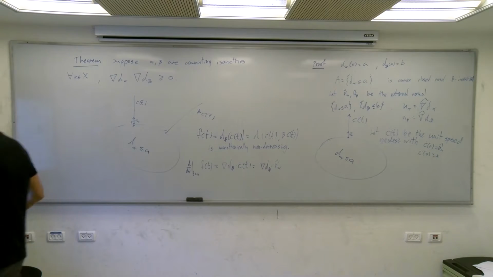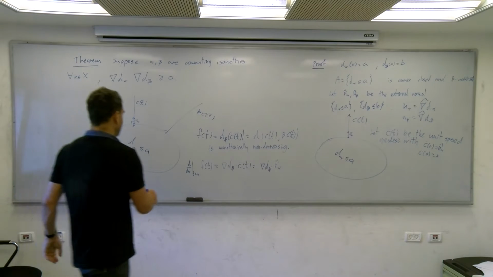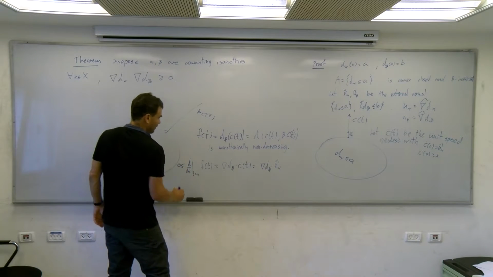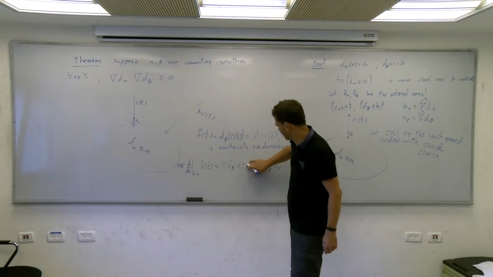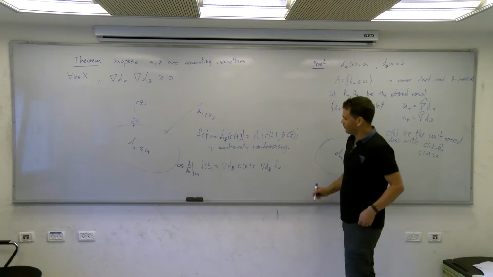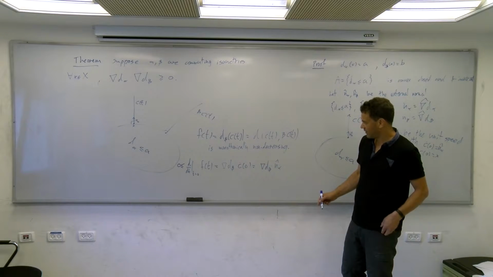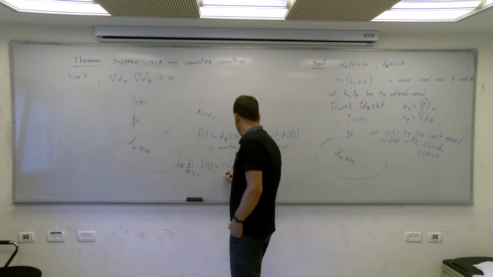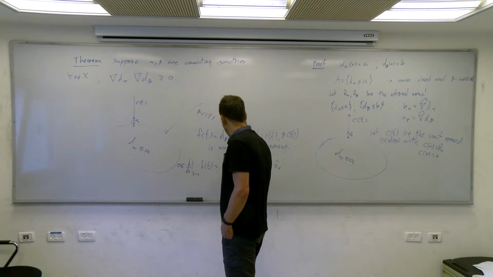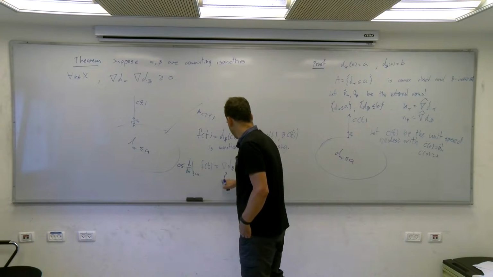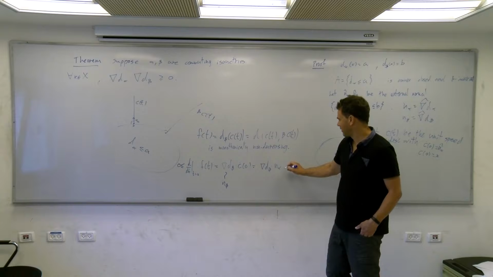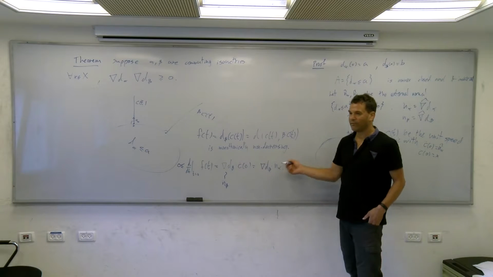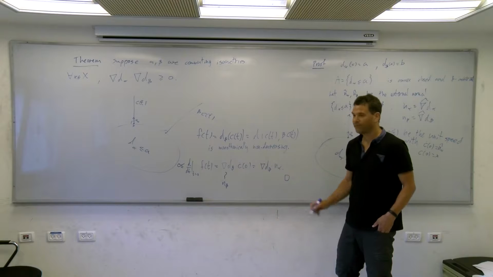We know that this is non-negative, and furthermore, it is proportional to n beta, the normal. So we have proved the theorem.